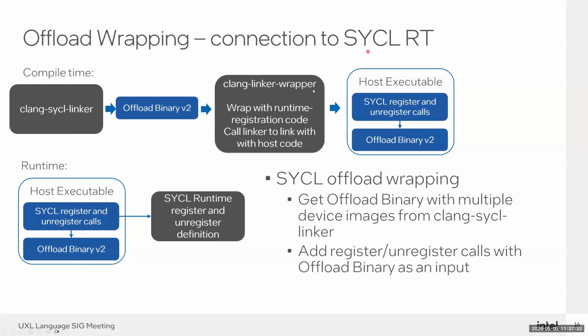As a result, we have a host executable which contains SYCL register and unregister calls, which get the offload binary v2 as an input. And the offload binary contains everything that is needed for the SYCL runtime.